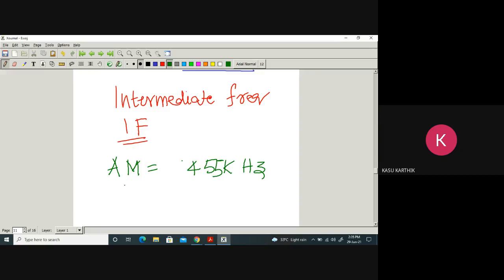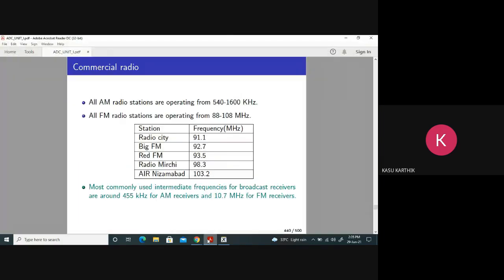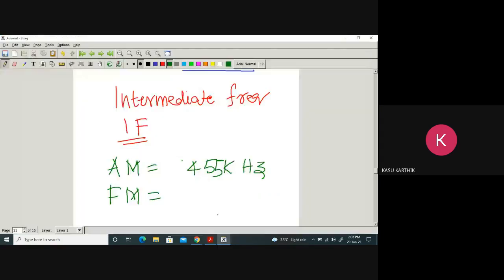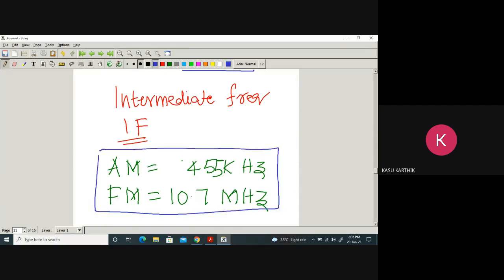In the same way, for FM, what is the intermediate frequency? It is 10.7 megahertz. So you must know these values. Very, very important. You must remember these values.